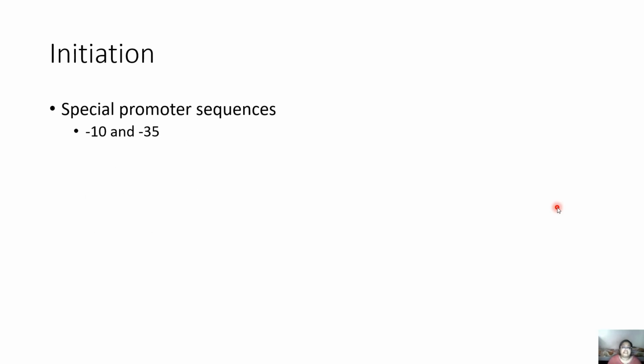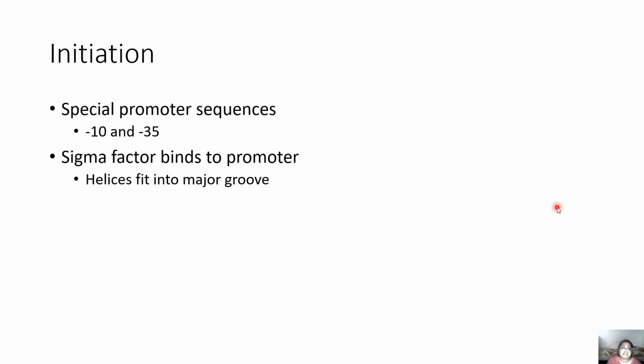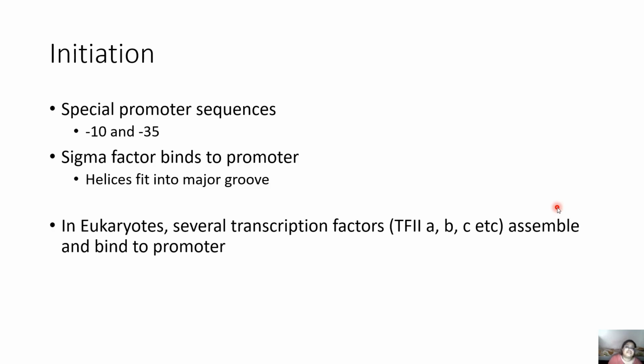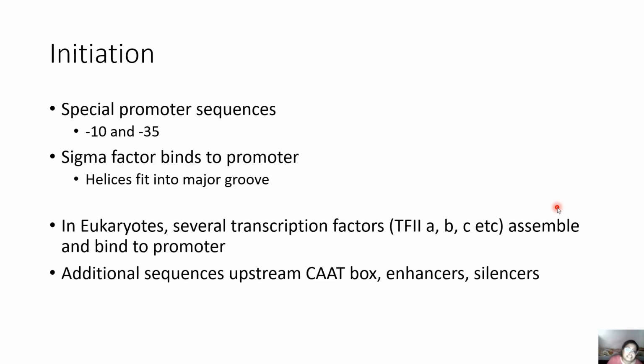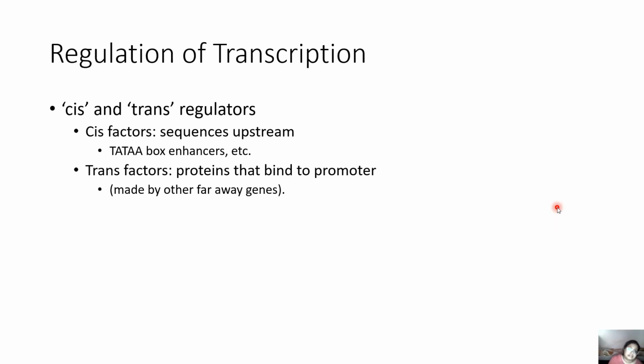In the initiation phase, there are special promoter sequences at -10 and -35 nucleotide positions, and the sigma factor binds to the promoter, then the helices fit into the major groove. In eukaryotes, there are several transcription factors, TFIIA, B, C, etc., that assemble and bind to the promoter. There are additional sequences upstream: the CAAT box, enhancers, and silencers.